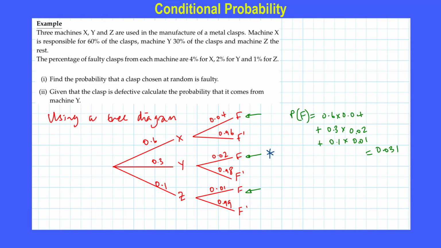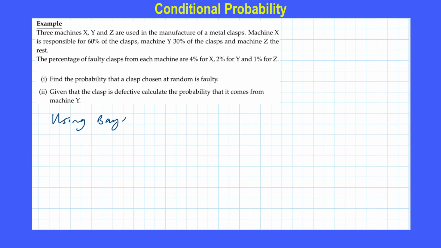Now we want to find out the probability that it's a defective clasp, but it's come from machine Y. So the only route is the starred one in the middle. So we want the starred route over the arrowed route. Well, the starred route is 0.3 times 0.02, and the arrowed route was what we worked out in the previous bit of the question. And again, answers to 4 significant figures. If I did the same question using Bayes' theorem, just for part 2, for part 1, we wouldn't use Bayes' theorem for that one. There's nothing conditional about part 1.